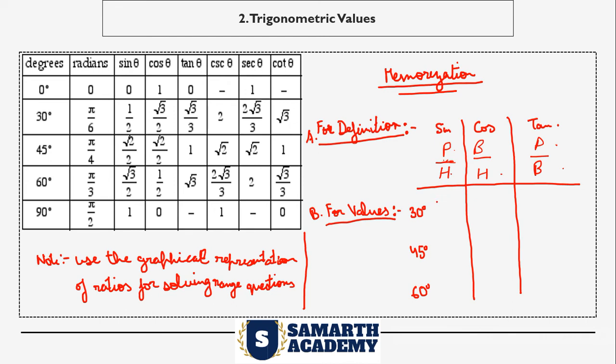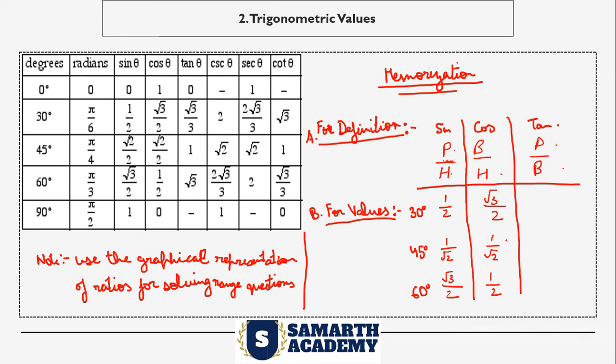As far as values are concerned, we have a repetition there as well. For sine it'll be 1, 1, root 3, 2, root 2, and 2. Similarly for cos, but starting with 60: 1, 1, root 3, 2, root 2, 2.